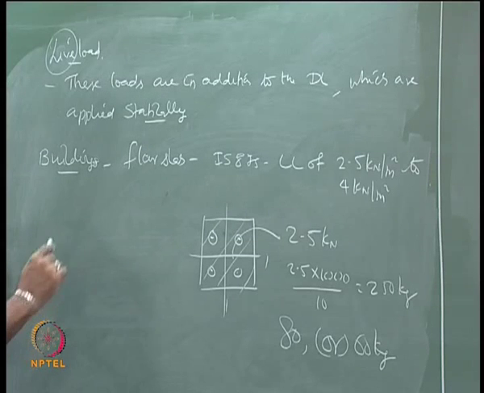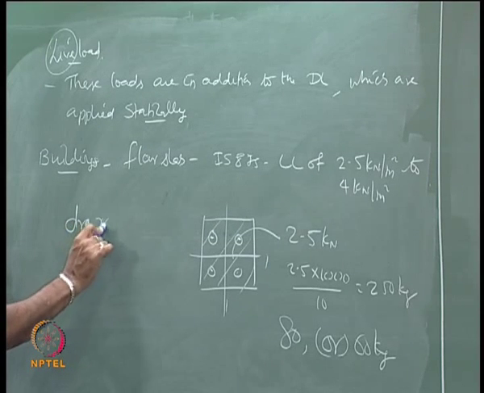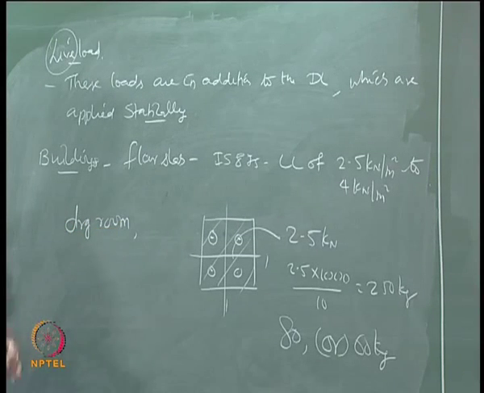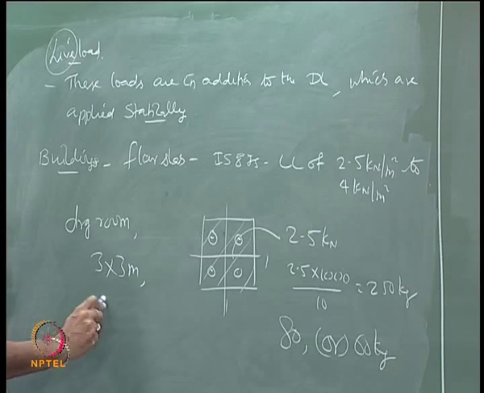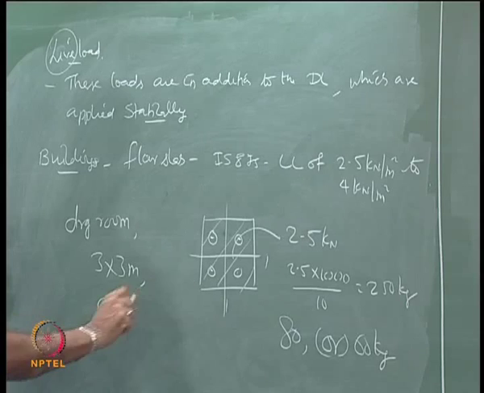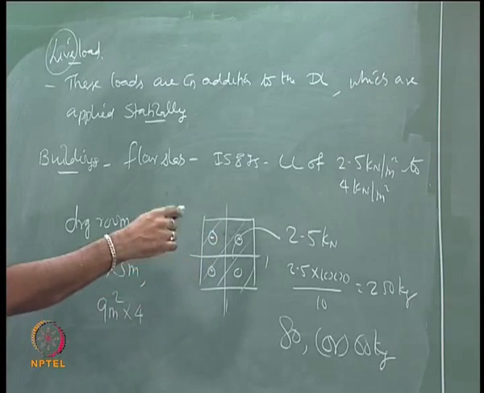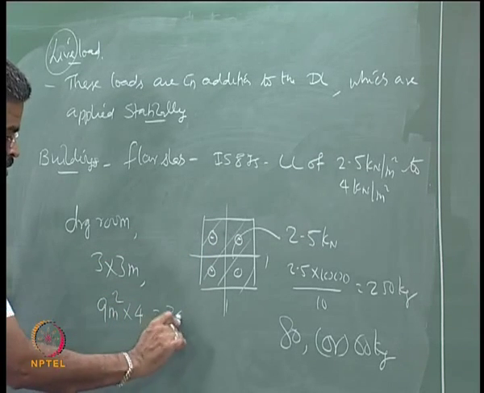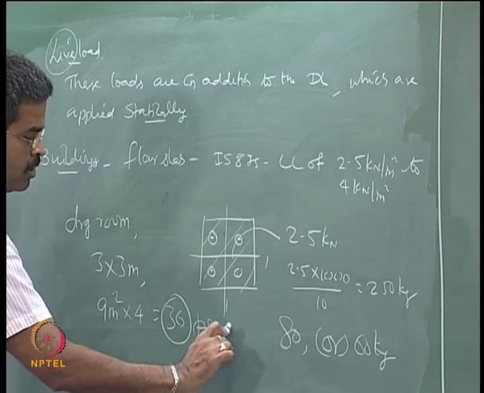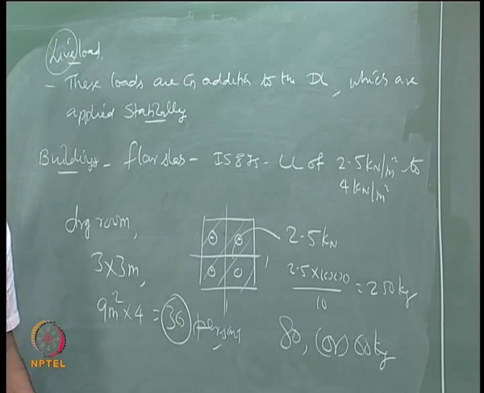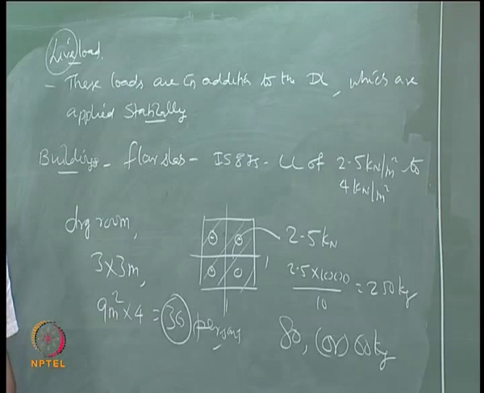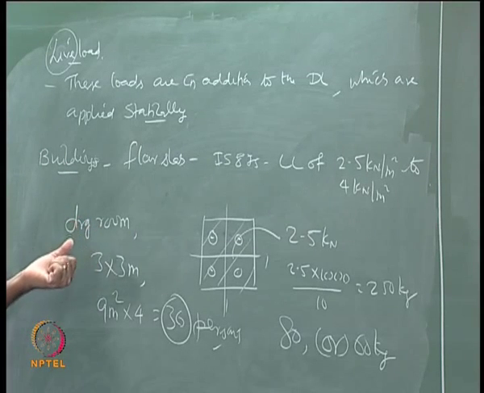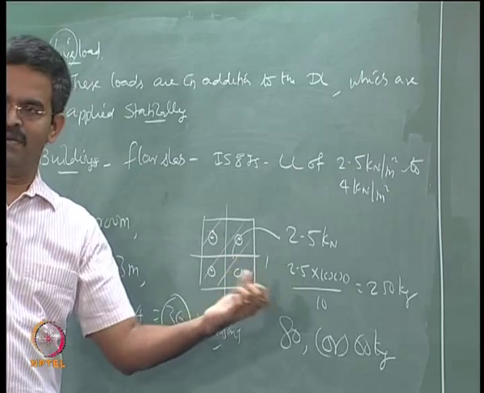On the other hand, if your drawing room is approximately a size of 3 meter by 3 meter, 9 square meter into 4 people, you have 36 persons living in your house only in the drawing room. Okay. Imagine the other rooms and imagine the total area. So, one can clearly understand this is a very highly conservative number.